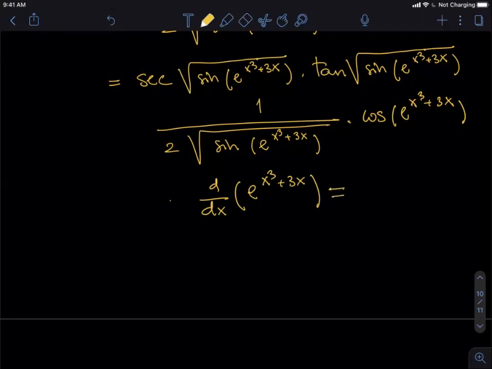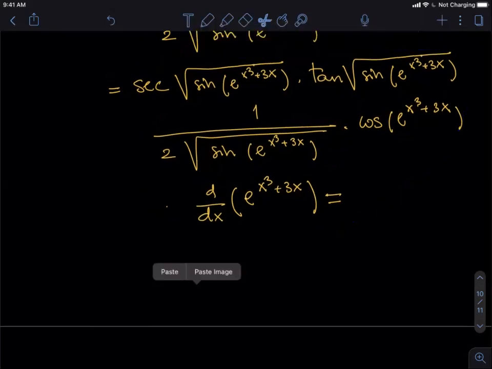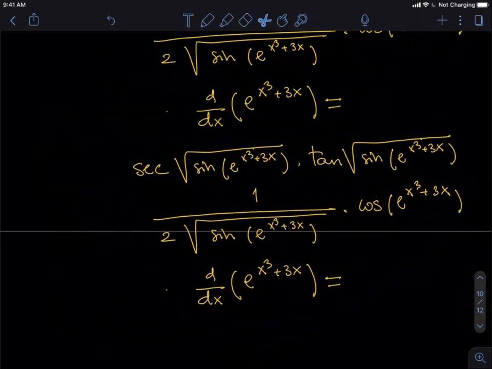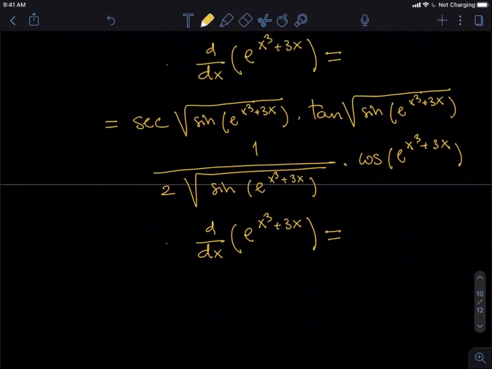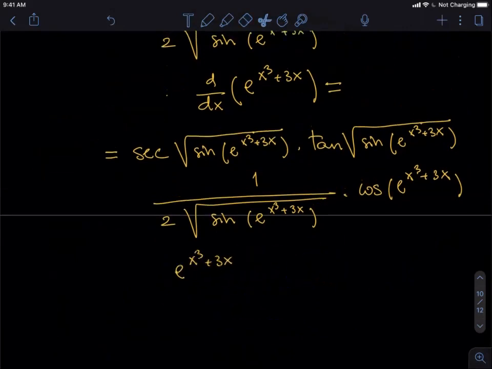And then we're almost there. Copy paste. We only need to expand this last derivative. Because it's the exponential, the derivative of the exponential is itself.